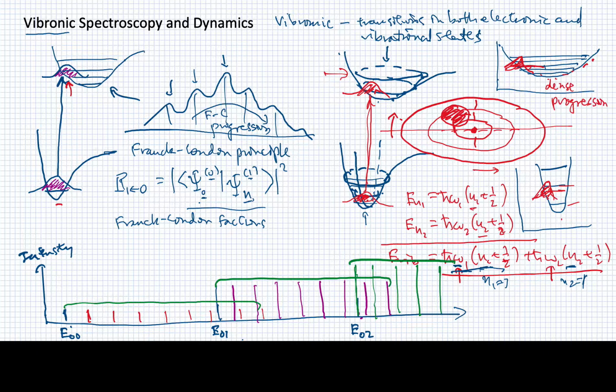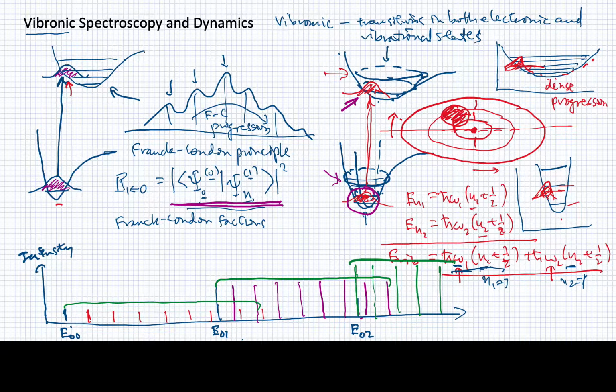It really depends upon the shape of the electronic potential energy surface, the one that is at the heart of each of these electronic states here and here. The initial state here only determines, in some sense, what the relative intensities are going to be through the Franck-Condon factor that's given here.